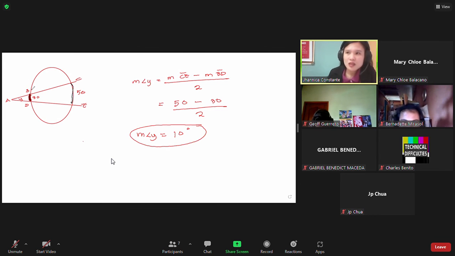So you can see in this circle, the two secants are the ones that created an angle outside of the circle. Now let's say we have a circle with an angle made by a tangent and a secant.